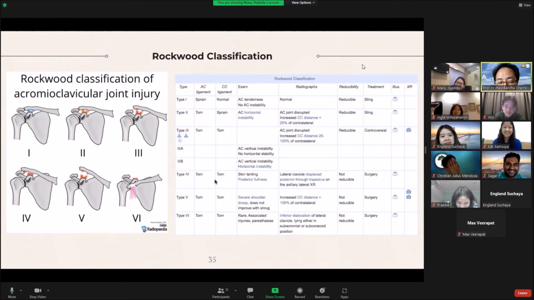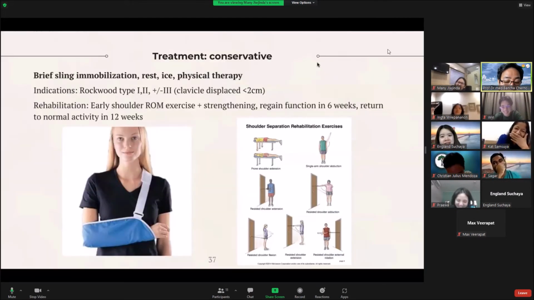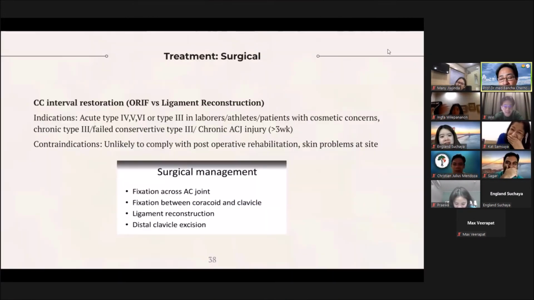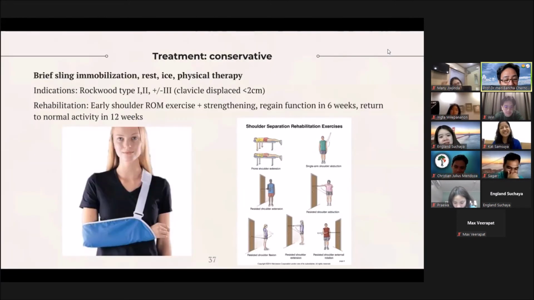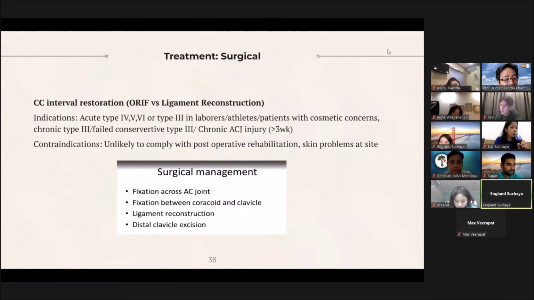So discuss with the patients if you want to try conservative treatment. But for AC joint type 2, in the future, if the patient is active, they may have arthritic change. You should discuss that with the patient. But you don't need to do surgery because it's too much.